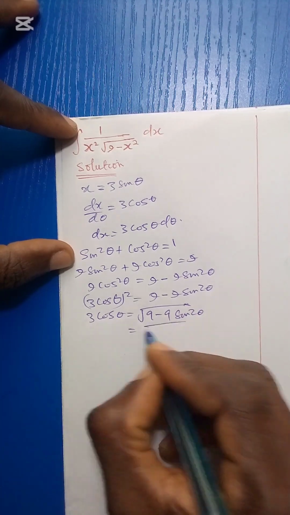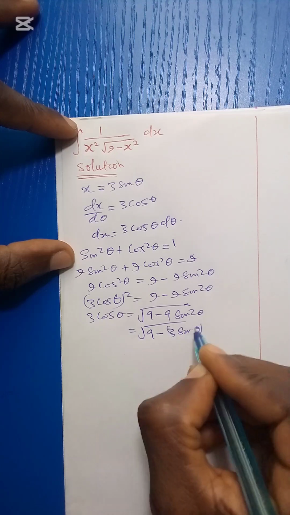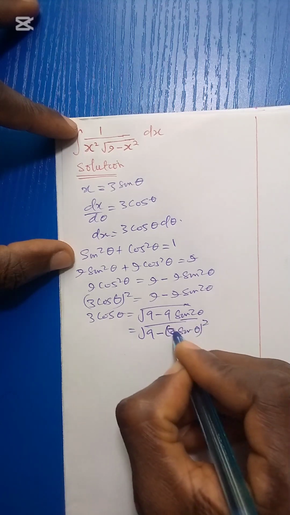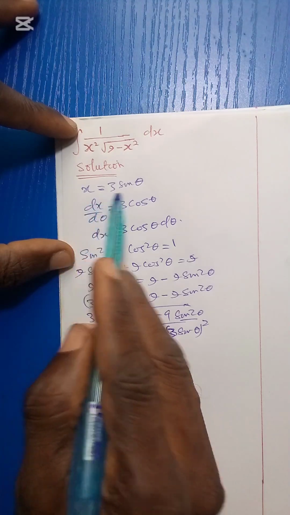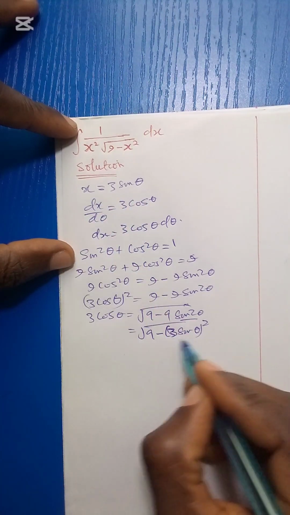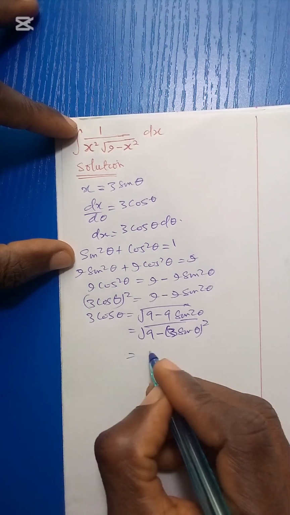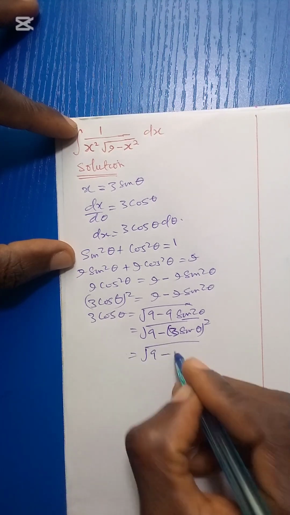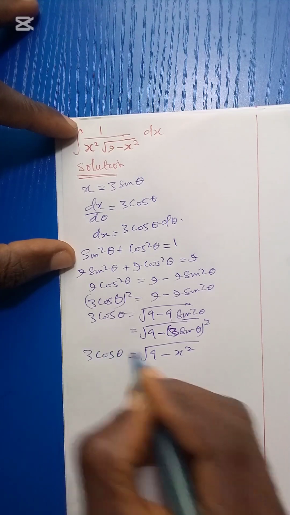We can rewrite this as 9 minus 3 sine theta all squared. Good. Now let's remember that 3 sine theta is equal to x. So I'm going to rewrite this as square root of 9 minus x squared. And that is our 3 cos theta.